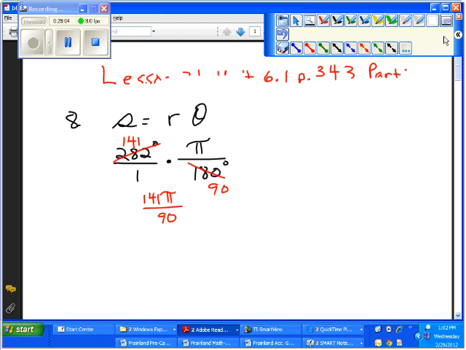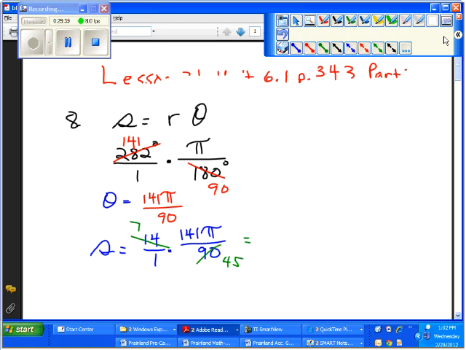So now I have my theta in radians. My arc length is going to be r, my radius, which is 14, times my theta in radians, which is 141 pi over 90. 2 goes into 14 7 times. 2 goes into 90 45 times.